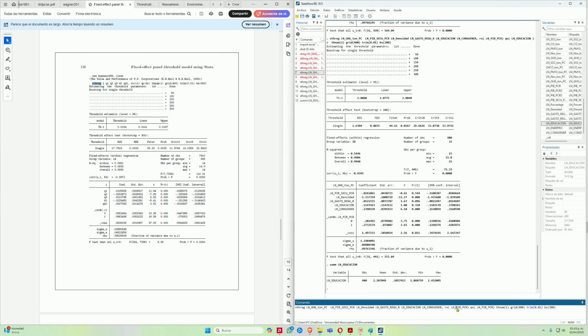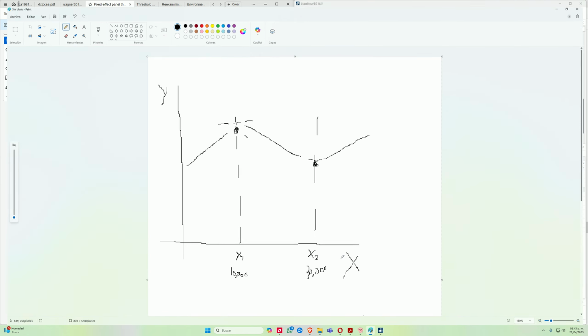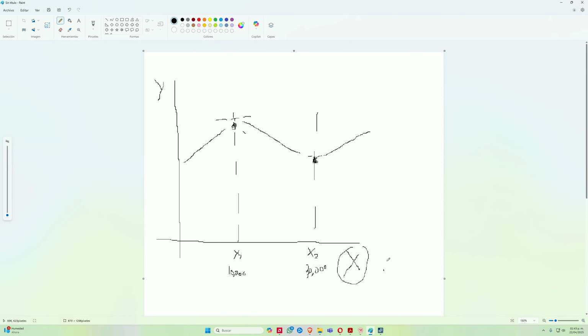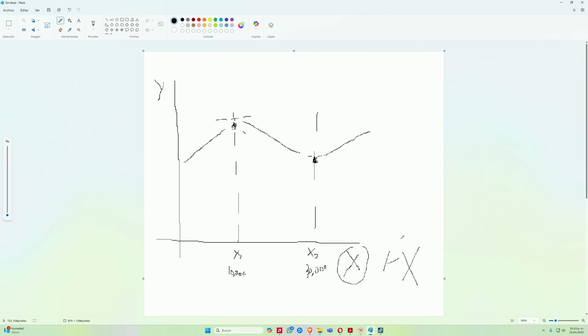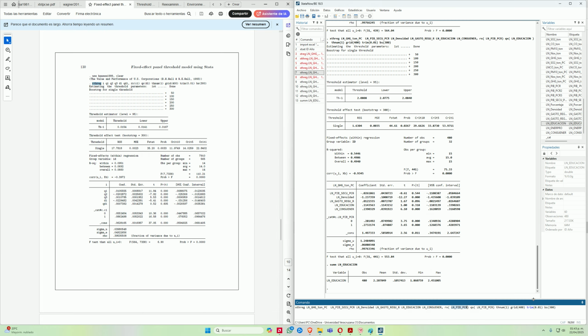Then we put the variable that has the threshold, the variable that we want to explain with threshold. In QI we put the variable that is affecting this threshold. It could be education, for example; the GDP is affected by education, fiscal spending, interest rate, or by the same GDP.